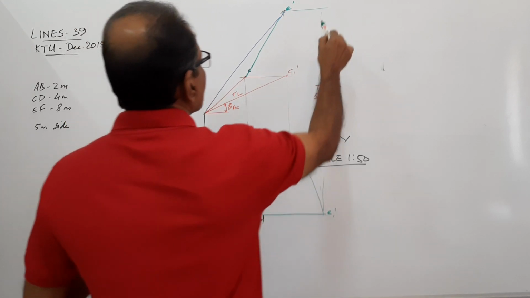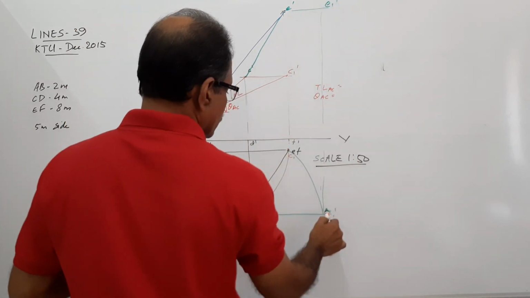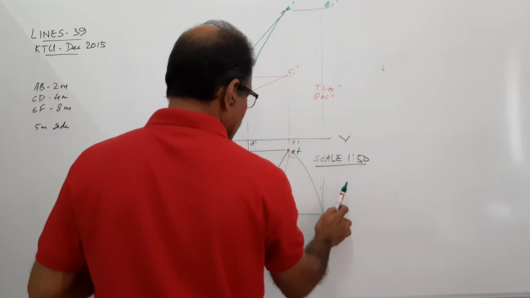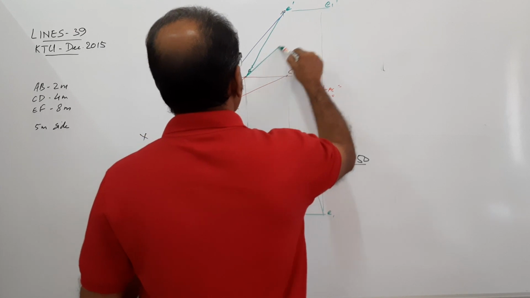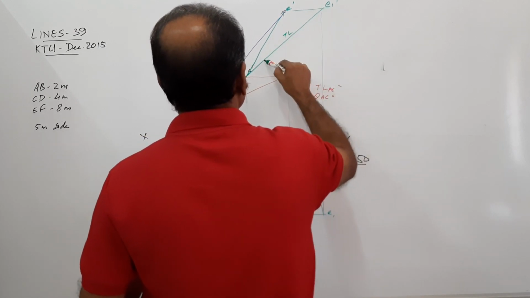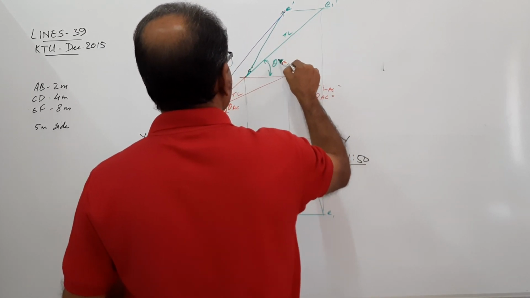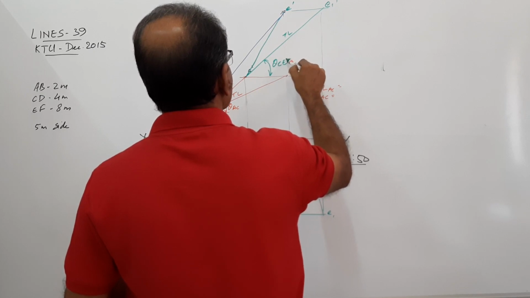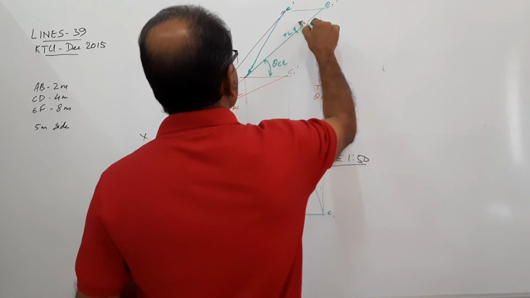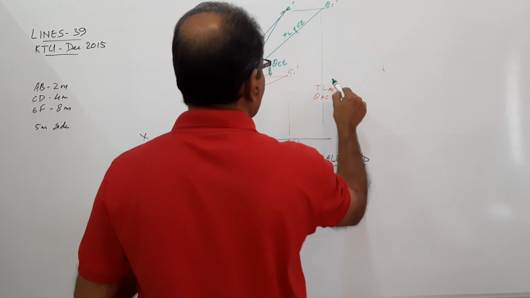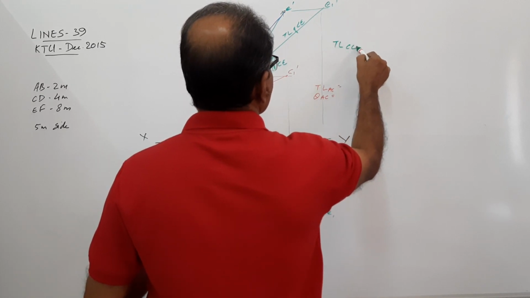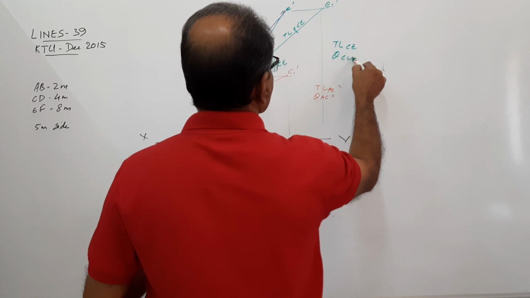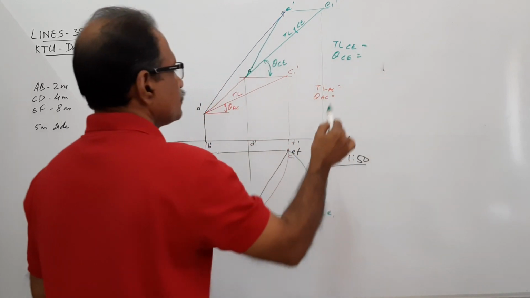This is E1, this is E1 dash. True length, theta C. True length of CE, theta C. Answers.